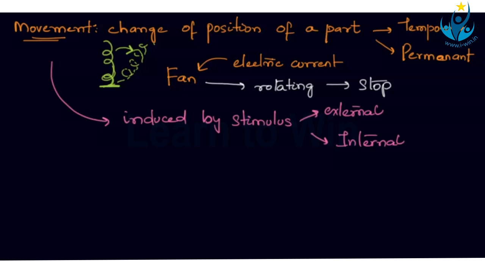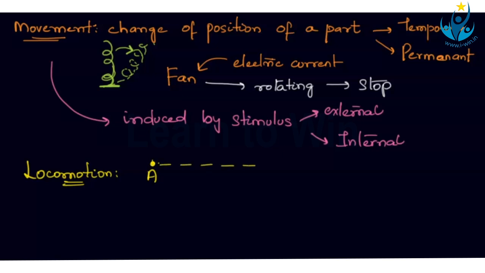Now, there is another type of movement that we talk about, which is called locomotion. What is locomotion? Let us say I have an individual sitting at point A. After some time, he slowly gets up and walks towards another position called point B, where he keeps standing.